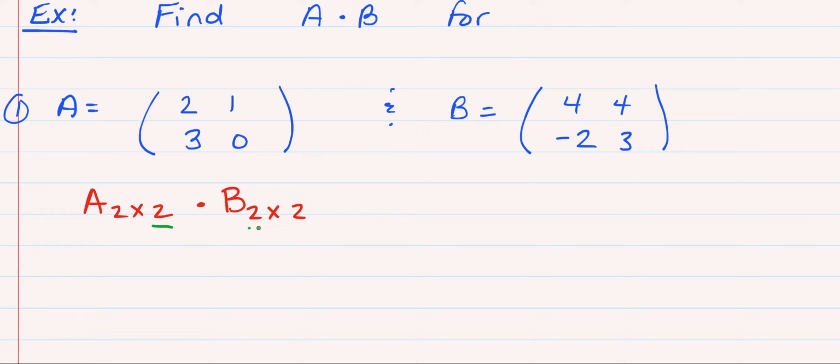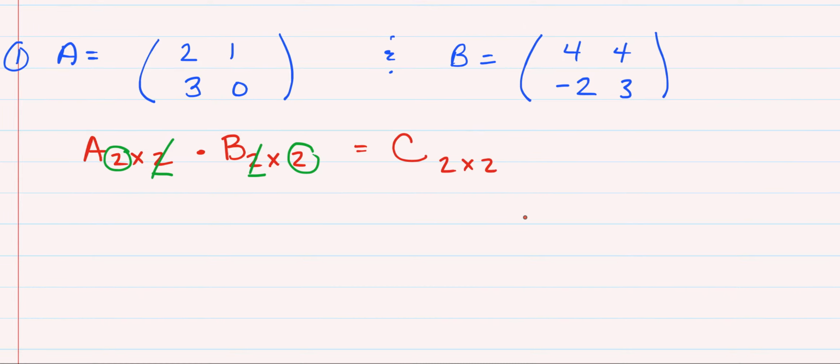This number has to be the same as this one, which it is. Cross it out. The matrix we're going to be left with is going to be a 2 by 2 matrix. So this is going to be the matrix C, that's 2 by 2. All right, so the matrix C is going to look like this: C1,1, C1,2, C2,1, C2,2. Now we need to figure out each one of these entries.